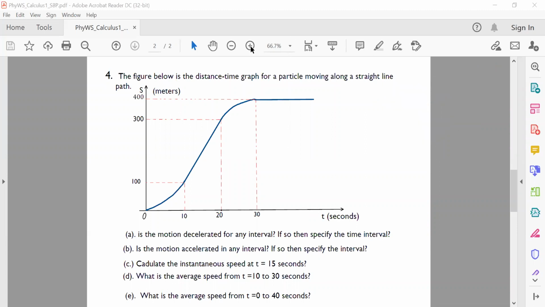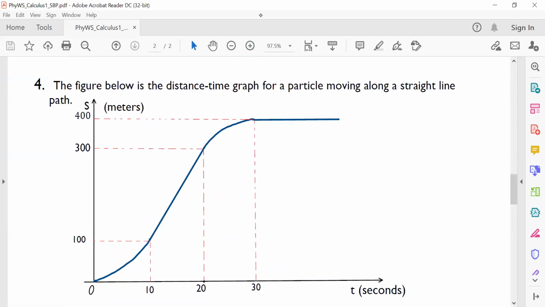Let's magnify this. What we can observe is that it appears to have a uniform slope from this point to this point. Let's say this is A, this is B, and this is C. A to B is a straight line.